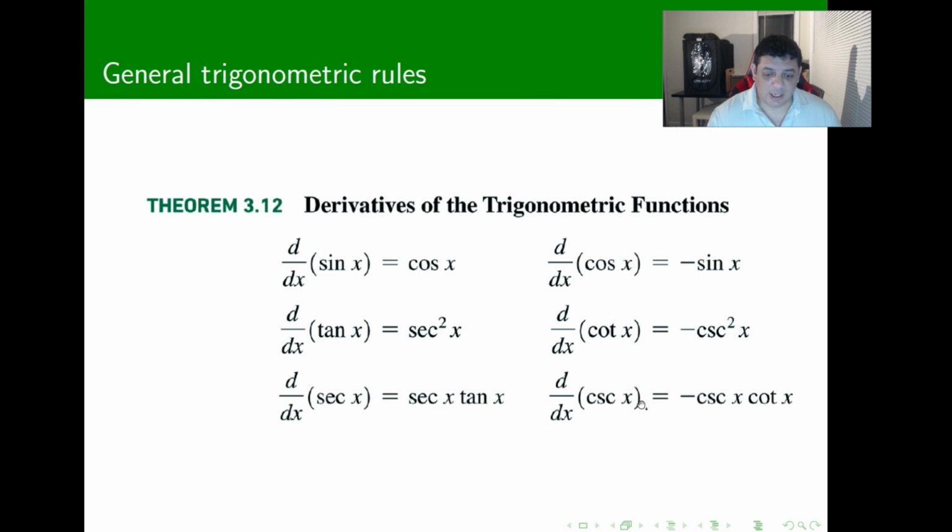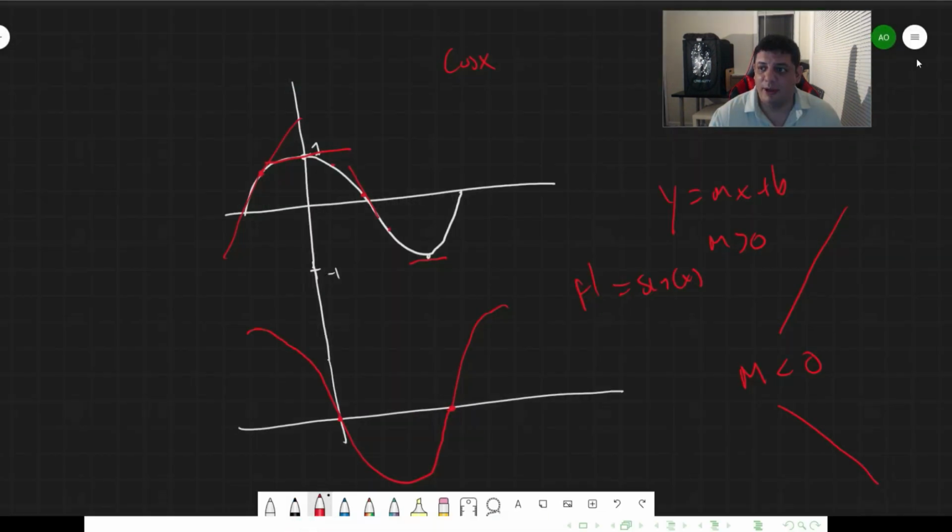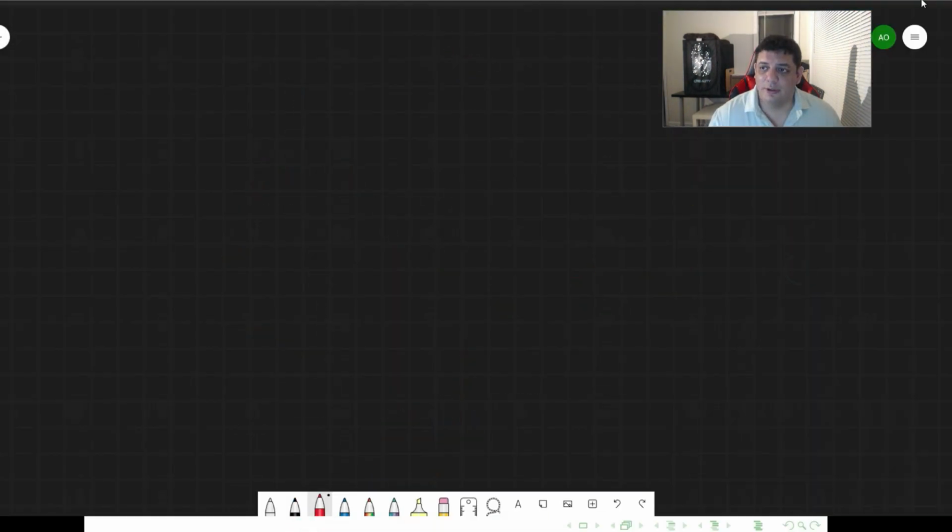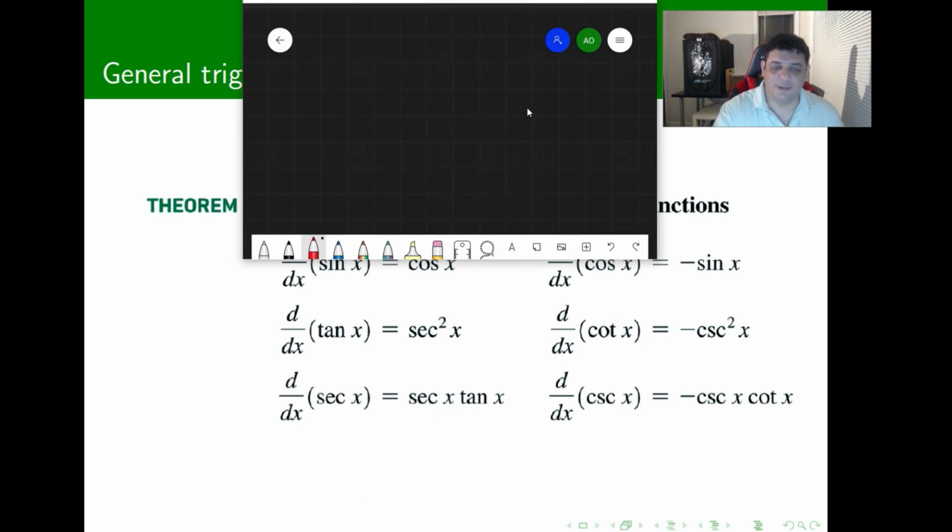Now, you might be saying, oh, okay, but how do we get those results? Okay, so let's do one example of these things. So first, we're going to go with the derivative of tangent of x. Okay, first, we have to remember that we know the sine and cosine derivatives. We're going to assume that as the starting point. So we're going to transform tangent into something of sine and cosine.